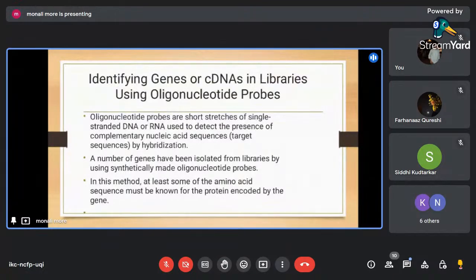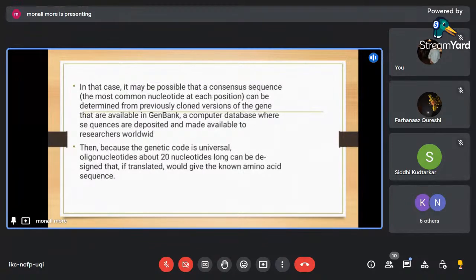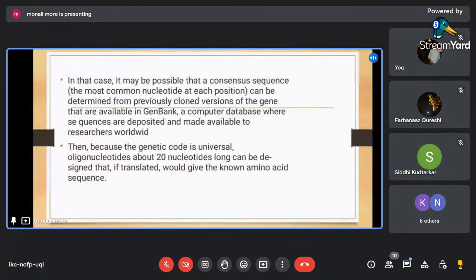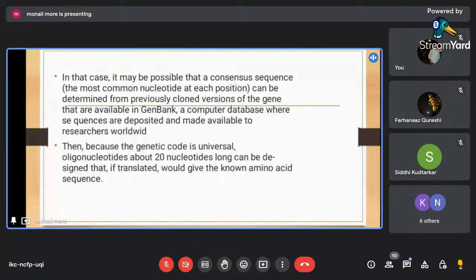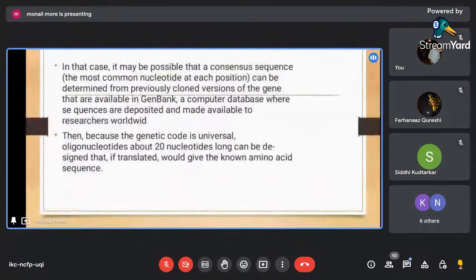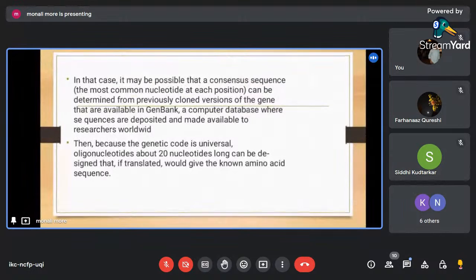In this method, at least some of the amino acid sequence must be known for the protein encoded by the gene. In this case, it may be possible that a consensus sequence can be determined from a previously cloned version of the gene that is available in a gene bank, a computer database where sequences are deposited and made available to researchers worldwide.